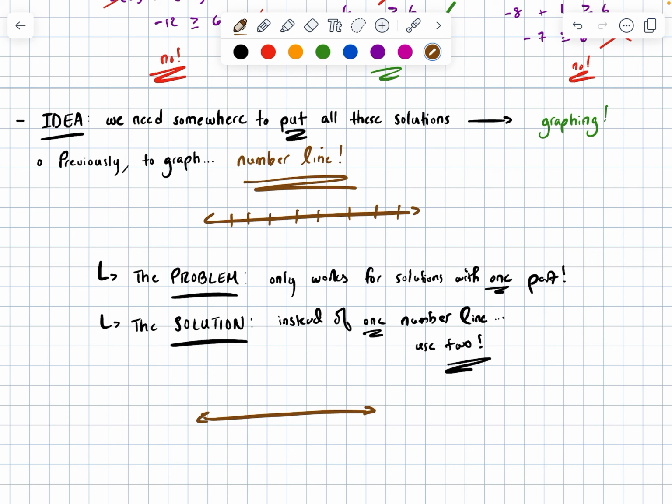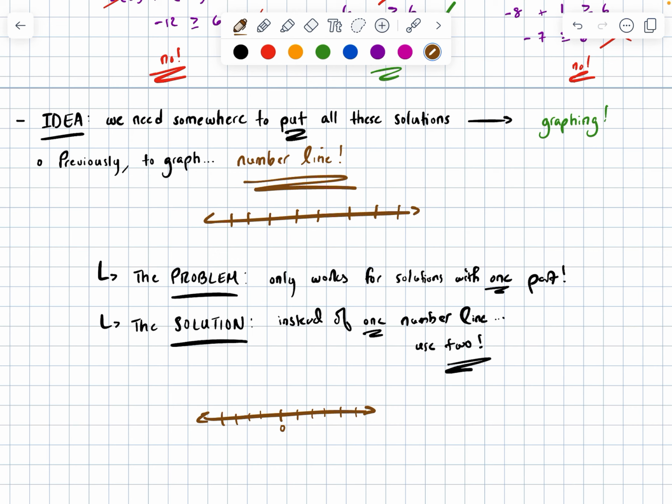And the way that I'm going to organize these number lines, I'm still going to take my first one, I'll put it horizontally. So I've still got my value of 0 in the middle, and then I would go negative off to the left, positive off to the right.